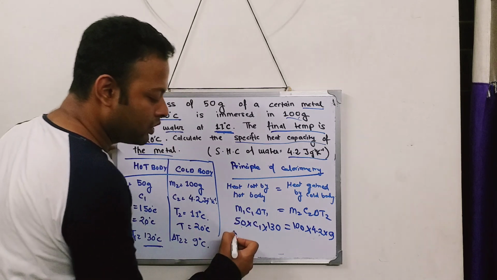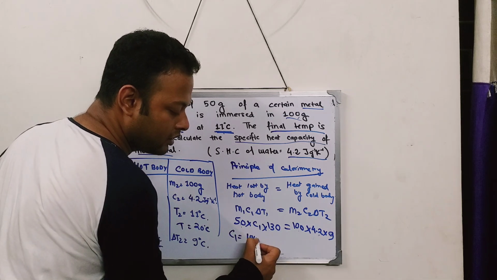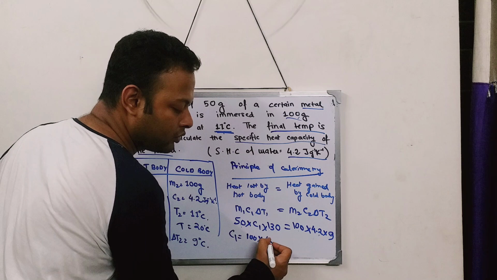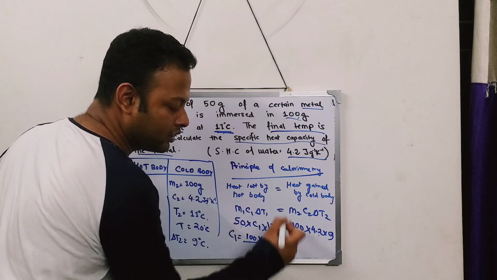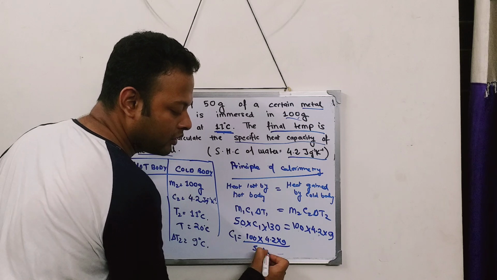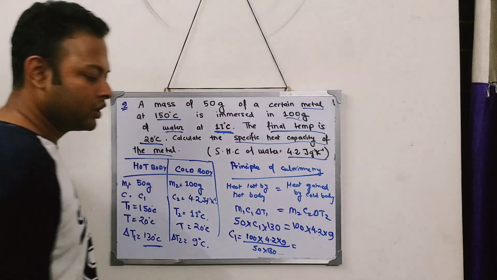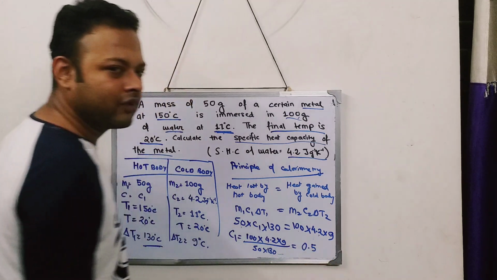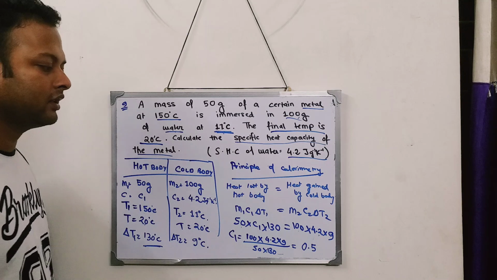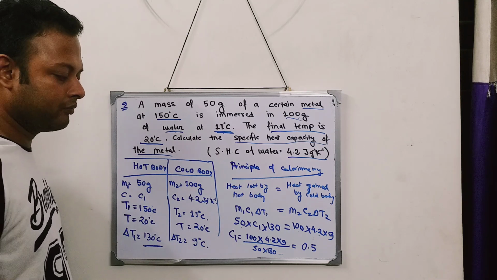Now from here, what is the value of C1? C1 is equal to 100 into 4.2 into 9, and 50 and 130 will come down. When you solve the whole value, it will come as 0.5 something, 582 or something is given as the answer. So that will be your final answer.